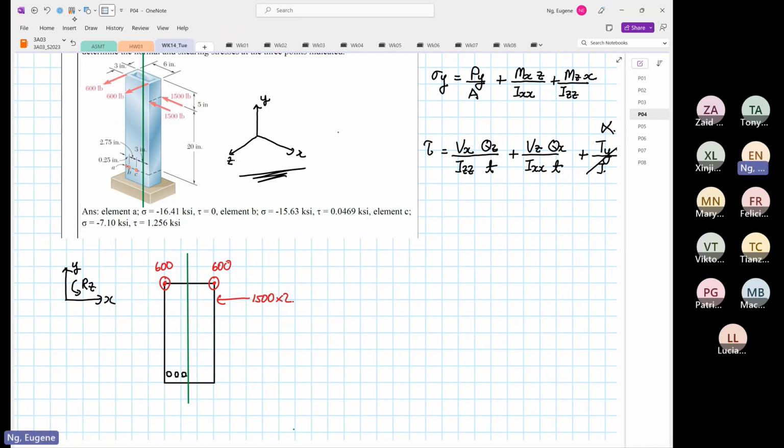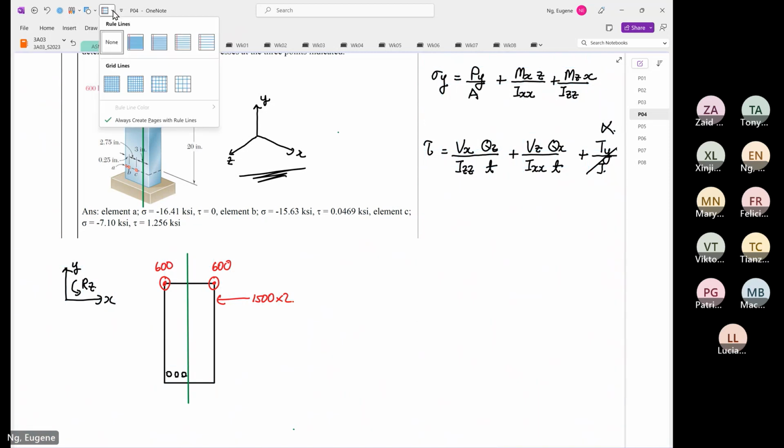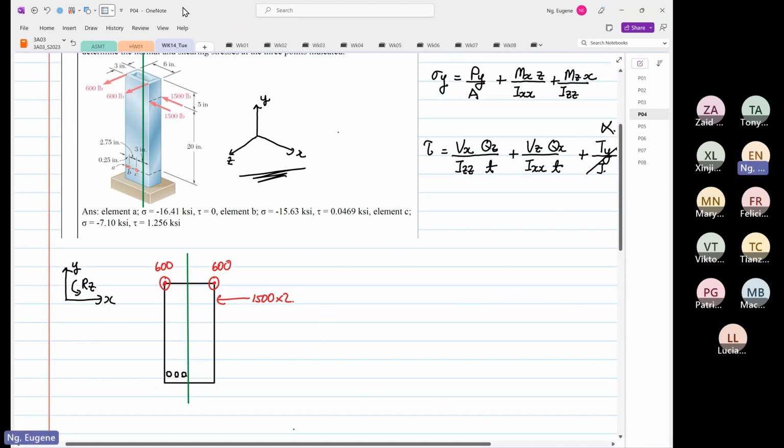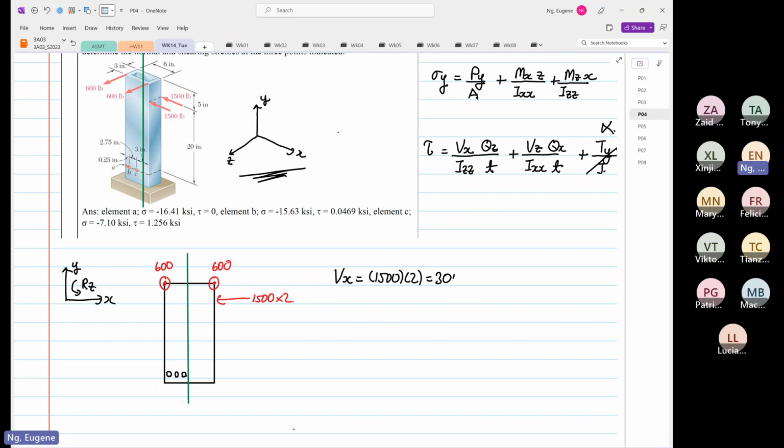So now the applied force, we only consider the arrows; the dots and the crosses we don't care about. So from this view, we are going to have a Vx equal to 1500 times 2, which is 3,000 pounds, and it's going towards the left.